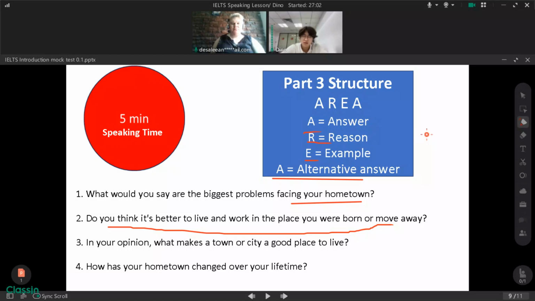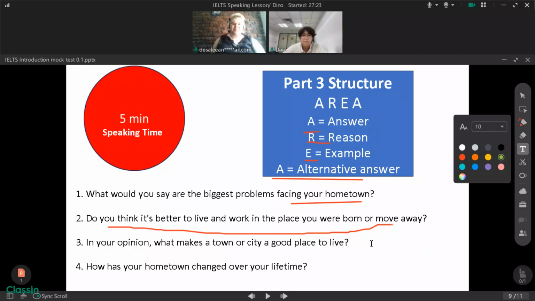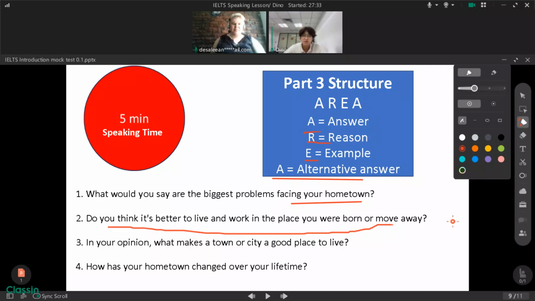My work in my hometown doesn't have enough jobs. In my hometown I must drive a car so many times, but in the city I can drive a car so 10 minutes.